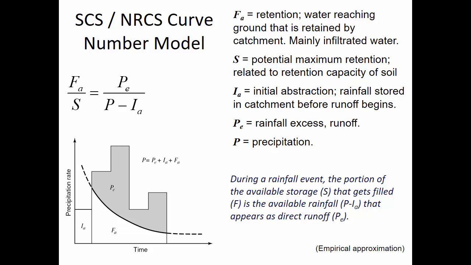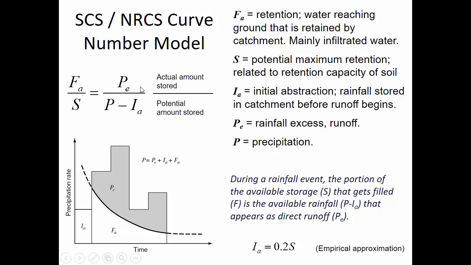We'll go through what the implications of that are, but that's the NRCS method distilled down into its pieces: the actual amount that's stored by a watershed relative to the potential amount stored is the same as the precipitation excess relative to the precipitation minus the initial abstraction.